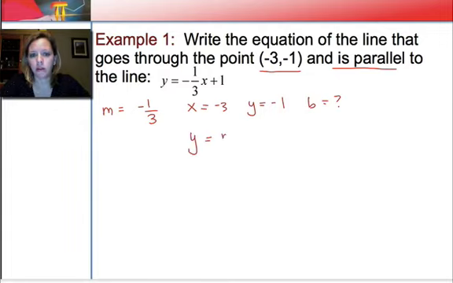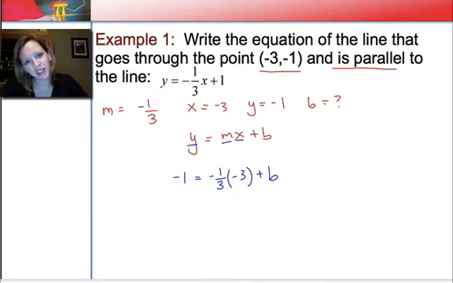So let's start with slope-intercept form and plug in all of the pieces we know: the slope, a value for x, and a value for y. My slope is -1/3, my value for x is -3, and I'm solving for b.